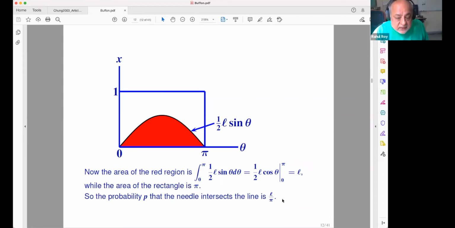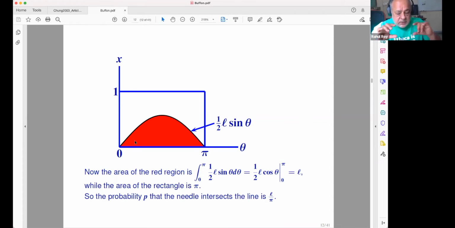I hope this is clear to everybody. It's quite surprising. I mean, it's very difficult to just speak to a computer and hope that you will understand this. But the whole point here is that the red region is the region where, if x comma theta lies in this region, then the needle will intersect one of the horizontal ruled lines. And this area is L, as we calculate the entire possibility, because x comma theta can be anywhere.